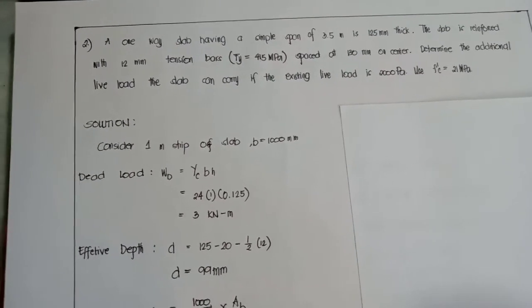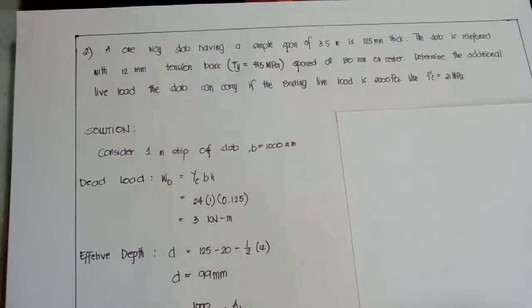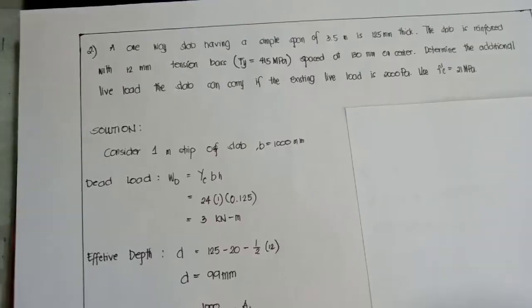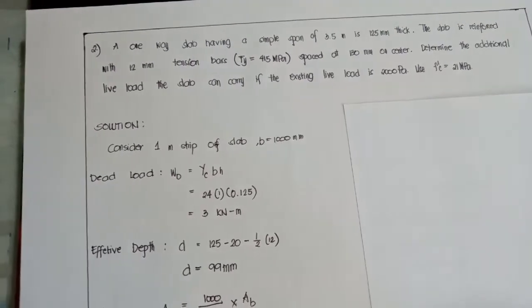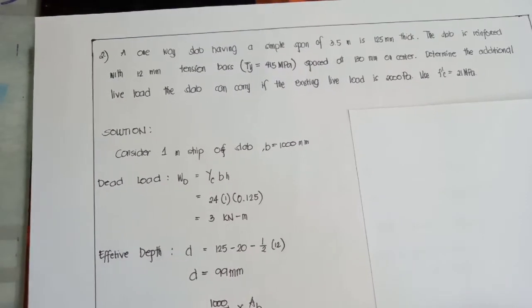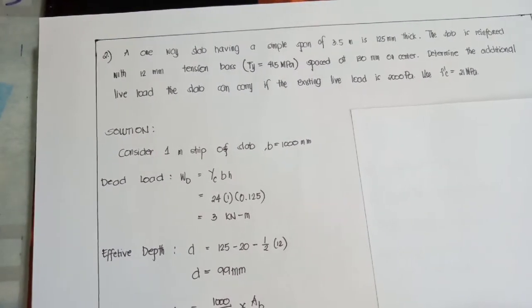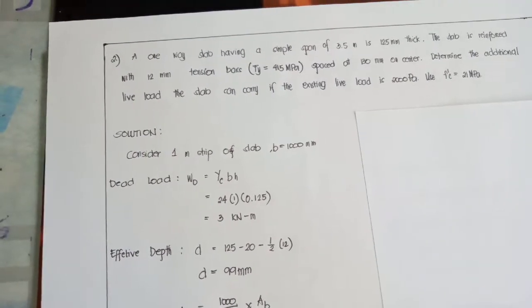Considering a 1 meter strip of slab, which is b equals 1000 mm or 1 meter, we need to identify first the uniform floor pressure to be carried by the slab. Since the live load is already given in the problem, we only need to determine the value for the dead load.